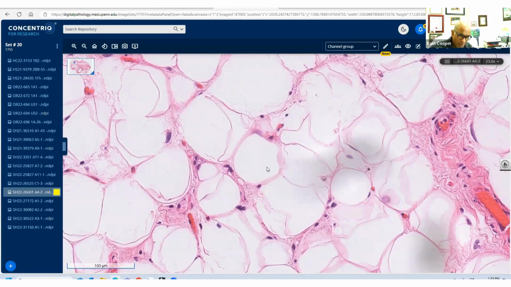Over the years, there are about 3 or 4 papers with the evolution of spindle cell liposarcoma to atypical spindle cell lipomatous tumor, which is in the WHO today, aka spindle cell liposarcoma. There's no spindle cell liposarcoma anymore.